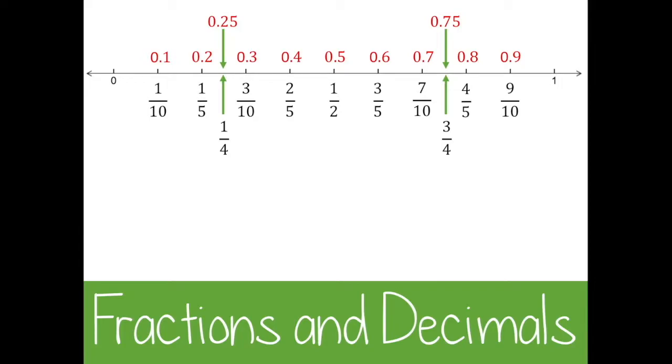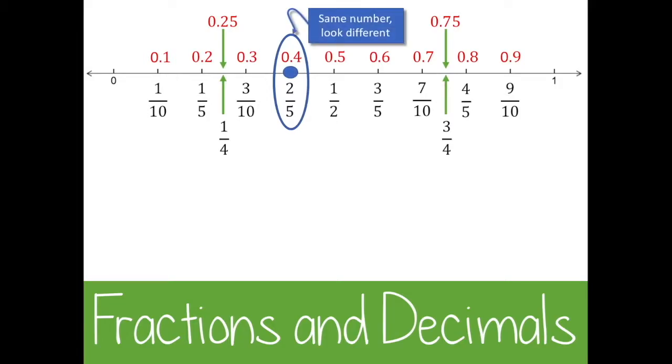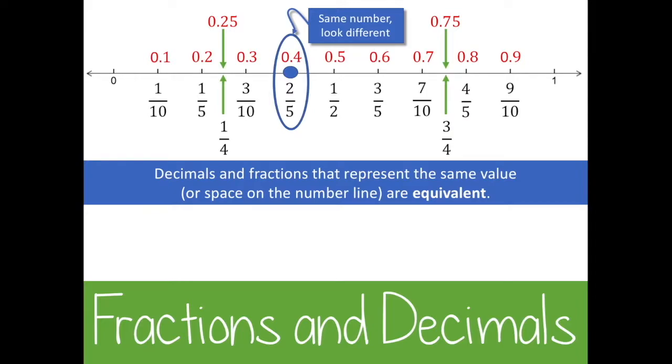Okay, now check out these two numbers. They're both labeling this point on the number line. And if they both represent the same number, then they actually are the same number. They just look different. We say that decimals and fractions that represent the same value or space on the number line are equivalent. And that concept comes in really handy when you're handed a group of numbers that looks like this.